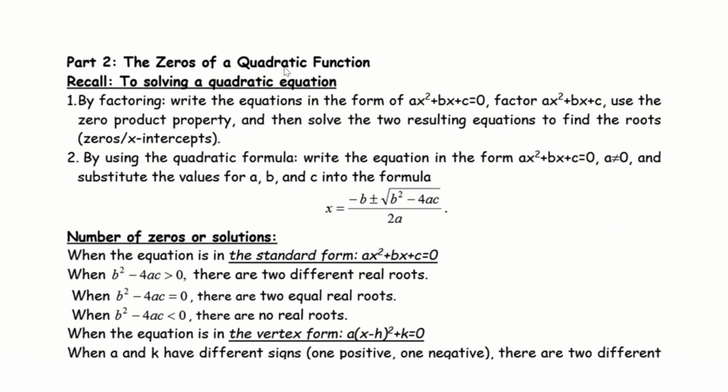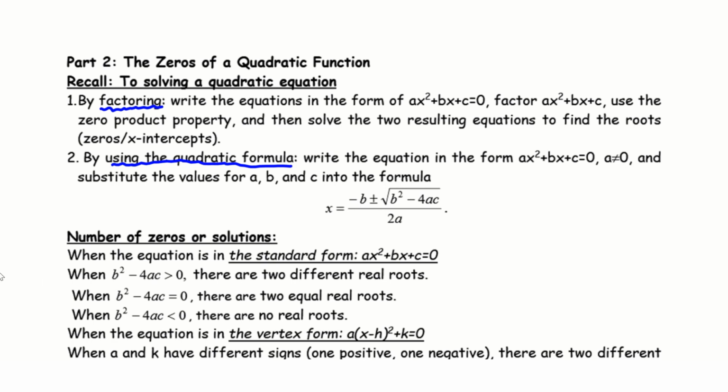So the zeros of a quadratic function, we could find using the quadratic formula or by factoring. So there are 2 ways to solve a quadratic equation. If factorable, then use the factoring method. If not factorable, then just use the quadratic formula.